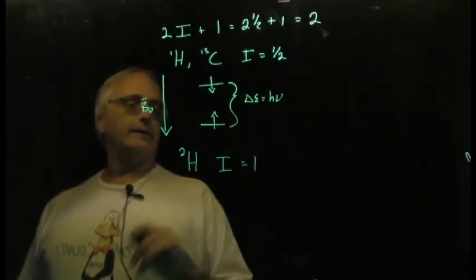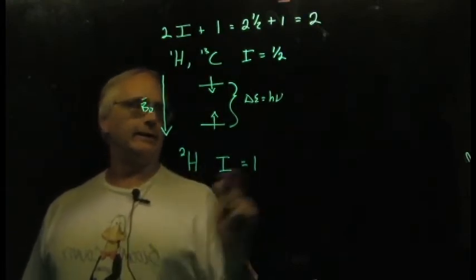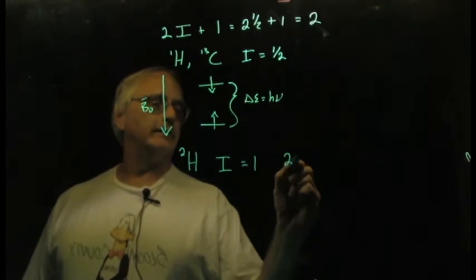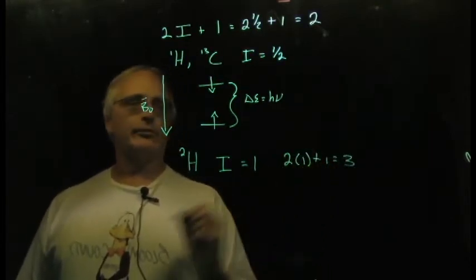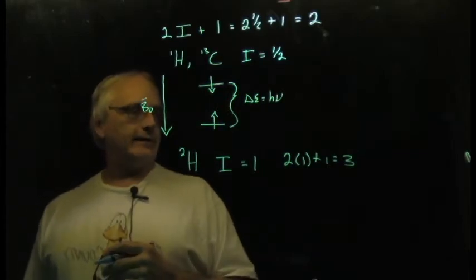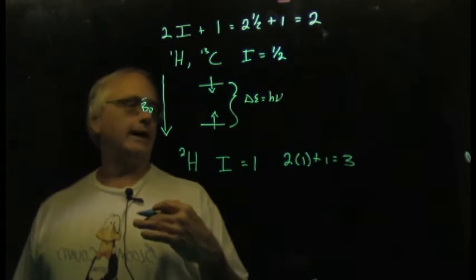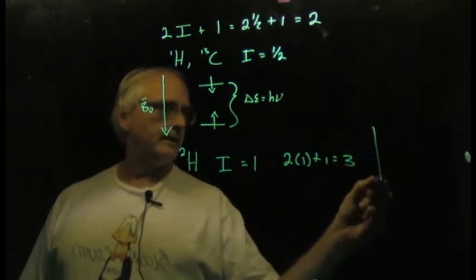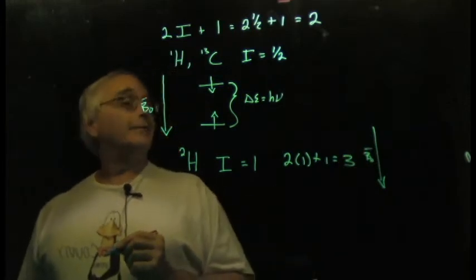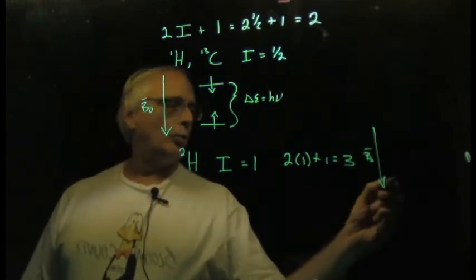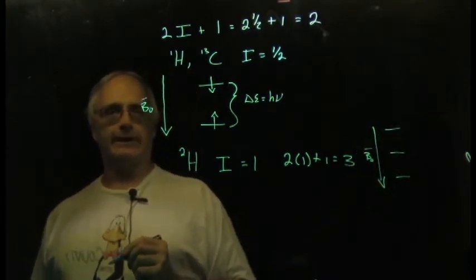If we calculate how many spin states this one can adopt in an external magnetic field, the calculation is pretty simple, as they tend to be here. It comes out 3. And I interpret that as saying when I drop a deuterium into our big honkin magnetic field, and again I'll reproduce it this way, a deuterium, a heavy hydrogen nucleus, can adopt 1 or 2 or 3 possible orientations.